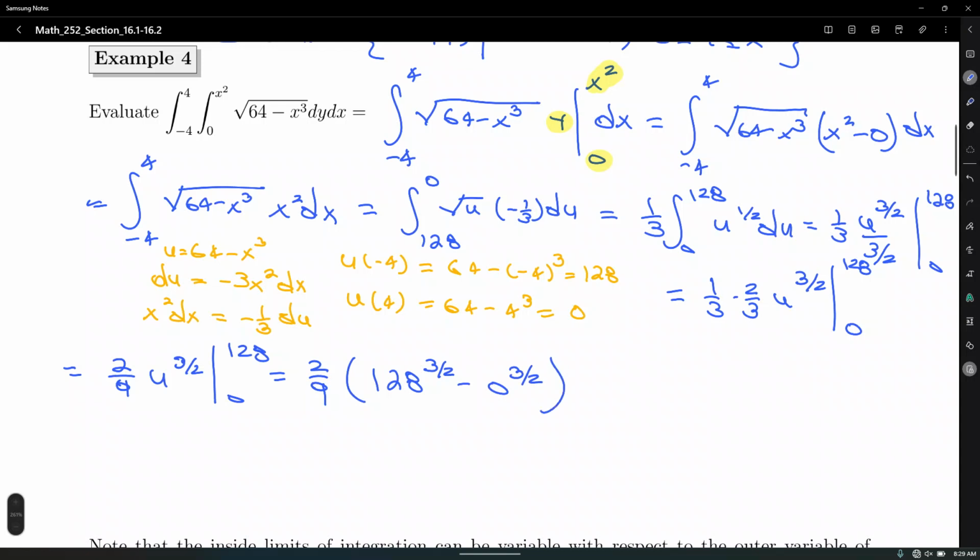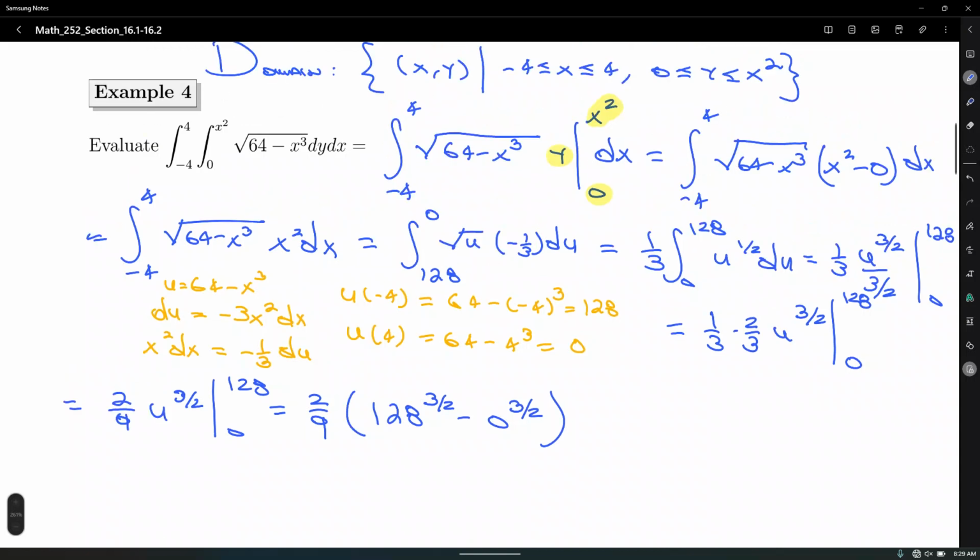And we need to simplify this to lowest terms. I use the negative here to reverse the order of the limits of integration. To go from 128 to 0, I changed the limit from 0 to 128 by using the negative sign.